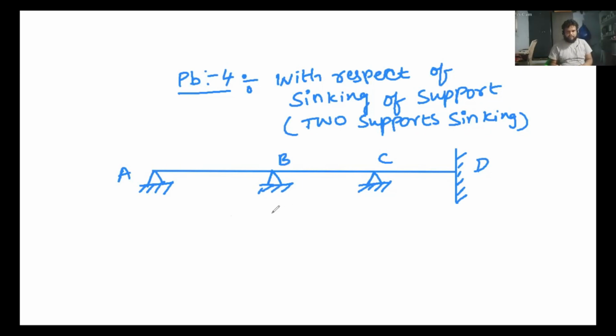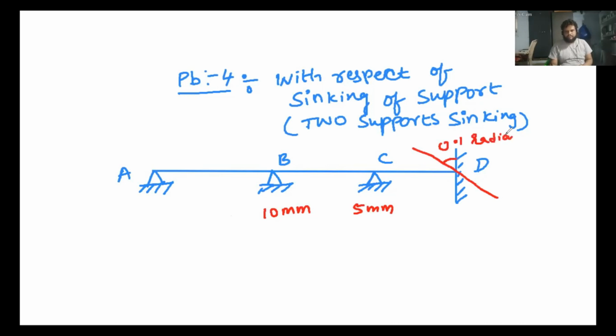Support B is going to sink by 10 mm and support C is going to sink by 5 mm, and support D rotates anti-clockwise. Directly they have given the direction, anti-clockwise, and how much: 0.1 radian.